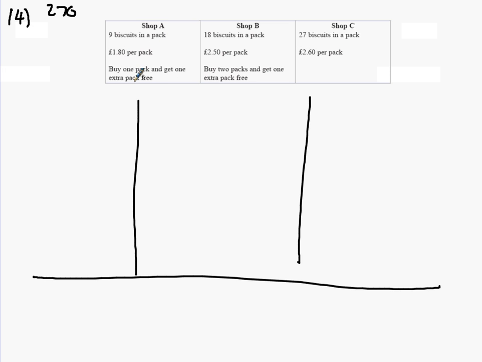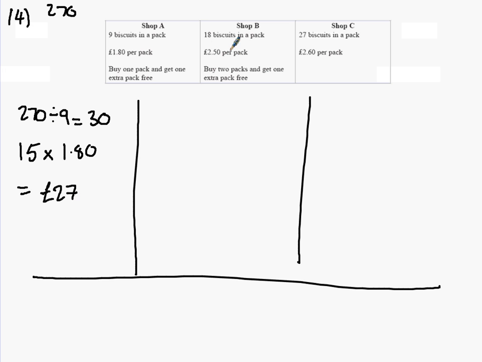Buy 1 pack and get 1 pack extra free. So first step is to divide 270 by 9. That will give us 30. So we want 30 packs. We'll only then be charged for 15 packs because we get one free for every one we buy. So it'll be 15 times £1.80, which will then give us £27.